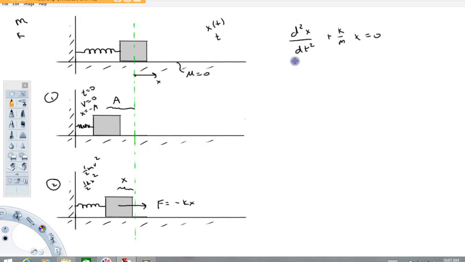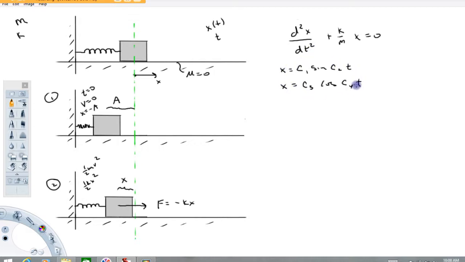So what we're looking for is some function that looks maybe like this. Maybe it's a sine wave, like maybe C1 sine of C2 t. Or maybe it's a cosine wave, so maybe C3 cosine of C4 times t. Either of these two functions will solve this type of equation, and the sum of the two will also solve it.